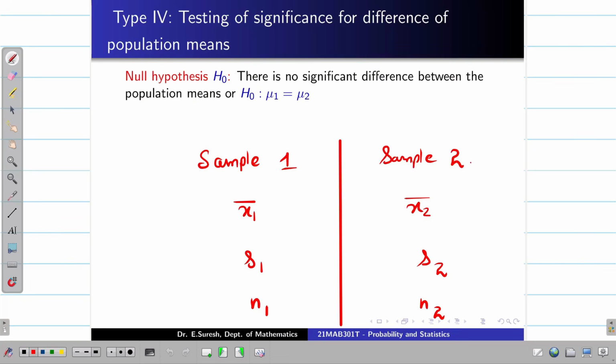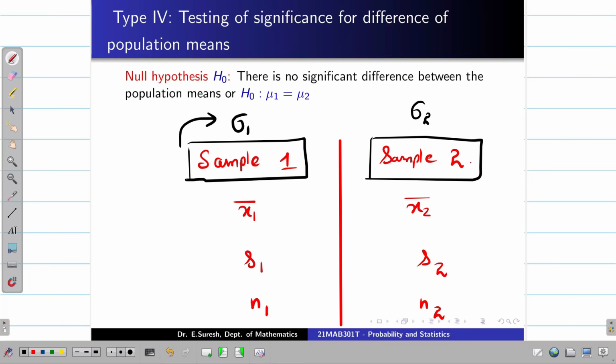Sample 1 comes from the first population and sample 2 comes from the second population. The population standard deviation of the second population is sigma 2.